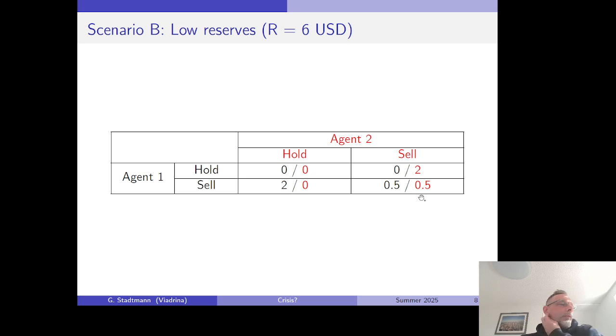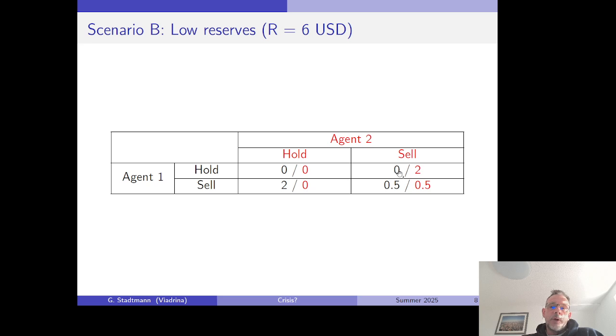Let's check whether there is a dominant strategy. What if agent 2 plays hold? Then agent 1 has to compare the black 0 and the black 2. 2 is larger, so sell is the best response in case that agent 2 plays hold. What if agent 2 plays sell?